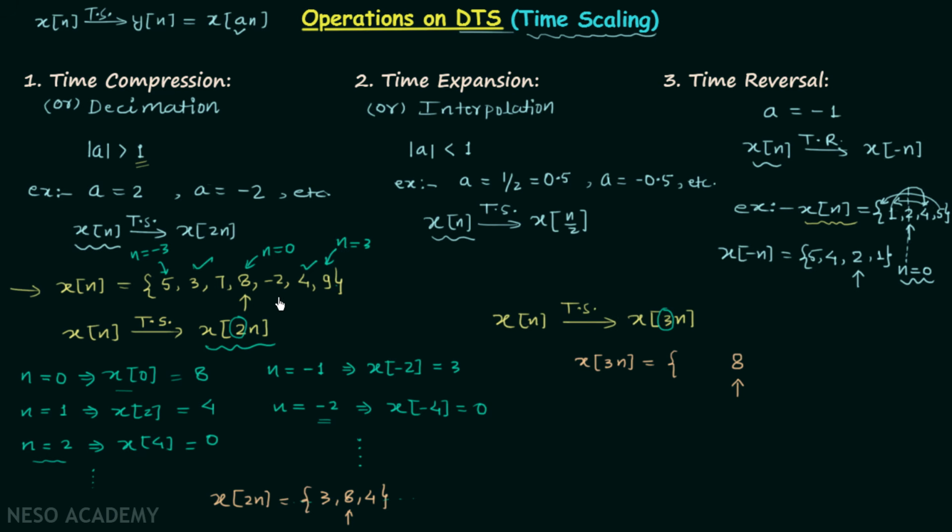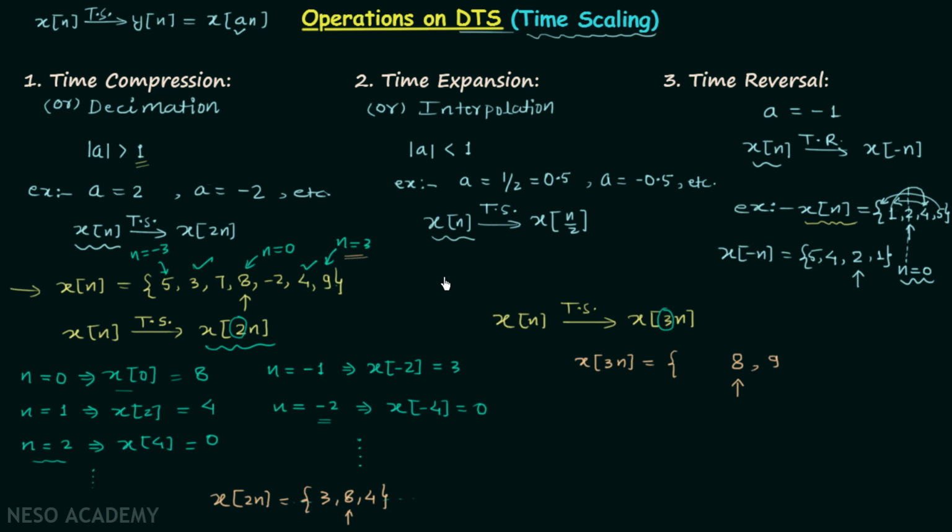Then we will reject minus 2 because this is present at n equal to 1 and 1 is not an integer multiple of 3. We will reject 4 as well because it is present at n equal to 2, but we will accept 9 because it is present at n equal to 3. So we have 8, then 9.